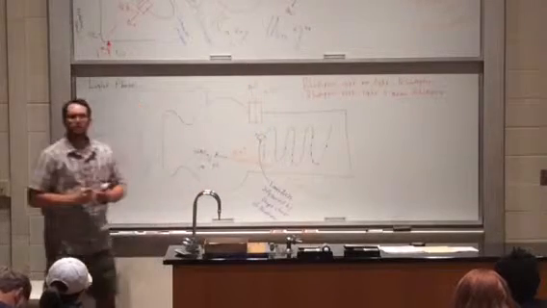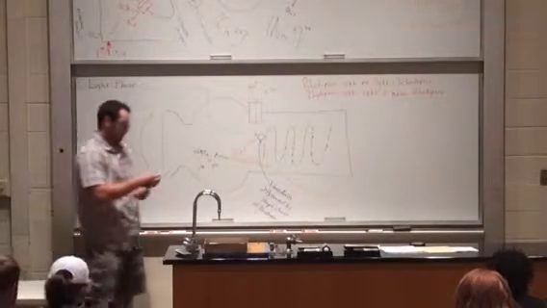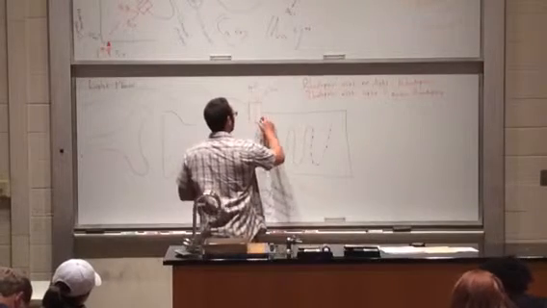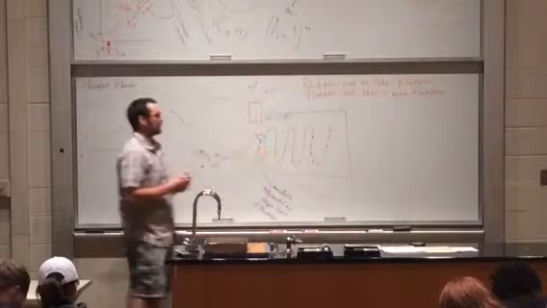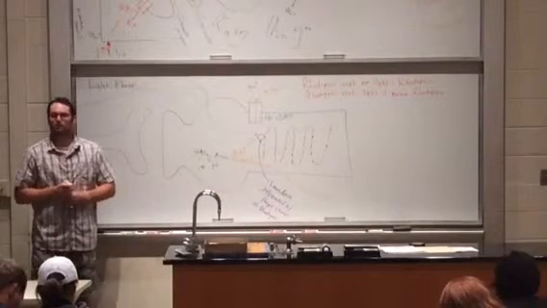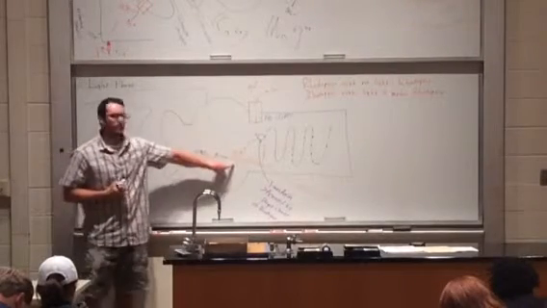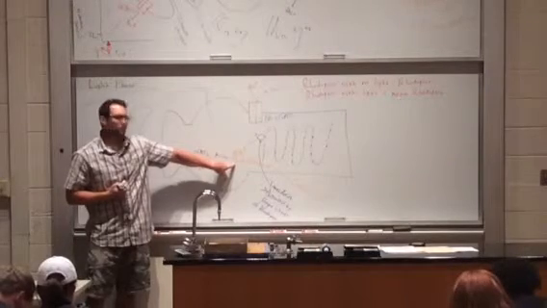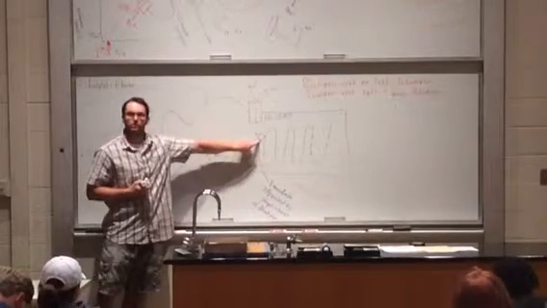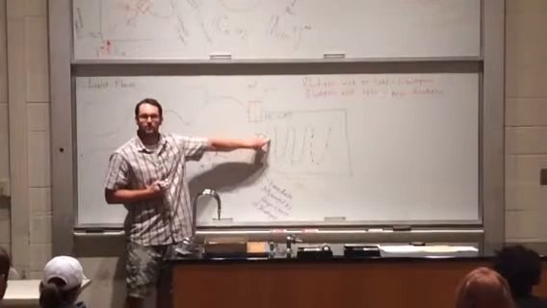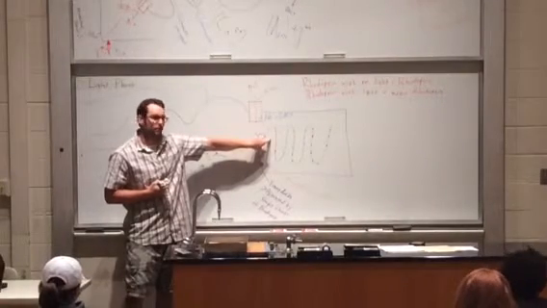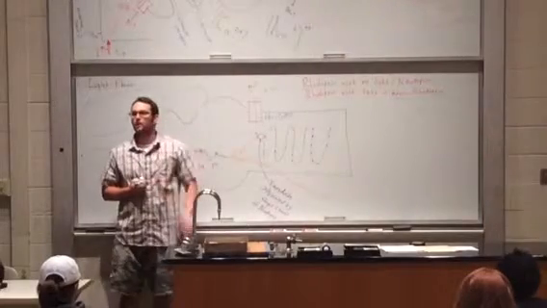Instead of being open, they're closed, right? Why? Because we have no cyclic GMP. Because cyclic GMP is rapidly being destroyed by cyclic GMP phosphodiesterase, which was activated by transducin, which was activated by rhodopsin changing shape to meta-rhodopsin, which was stimulated by a light wave hitting it.